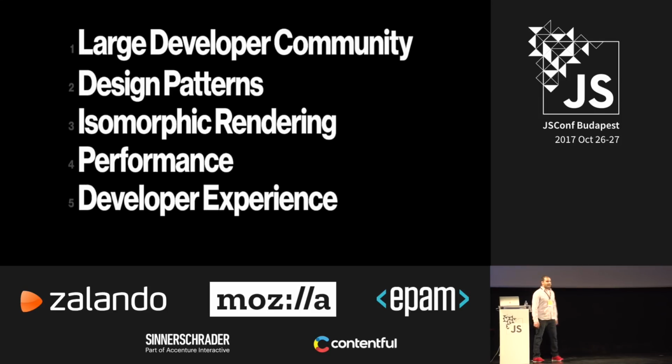The third requirement is a solution for isomorphism, or so-called universal rendering, and I will tell you later why this is so important for us. Another requirement is performance, and React is well known for its performance benefits. You probably heard about virtual DOM and reconciliation algorithm and so on and so forth. And the last thing is developer experience.